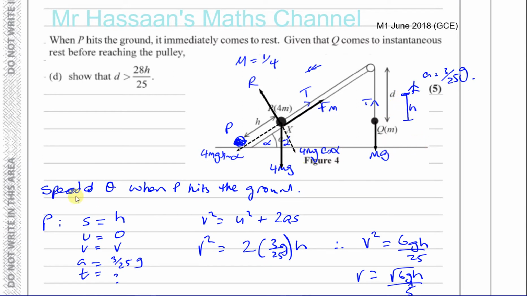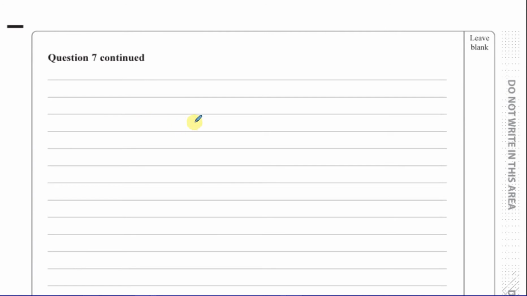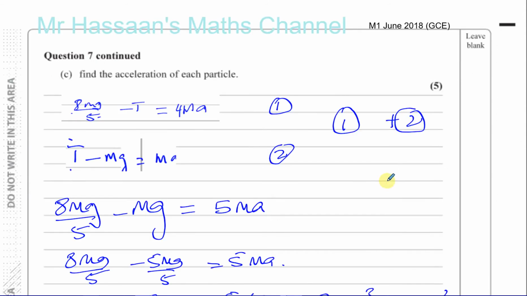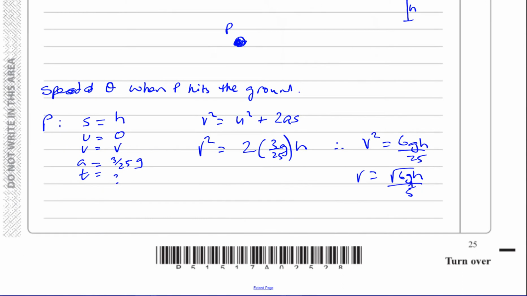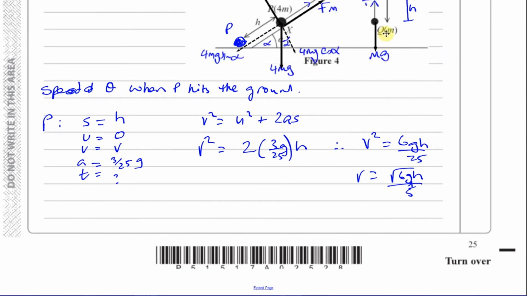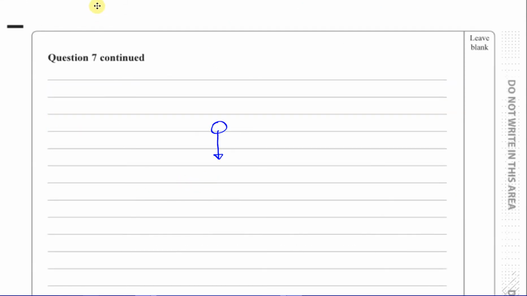Its mass is m, so the force is mg, and its acceleration is g. There's no force up at all.